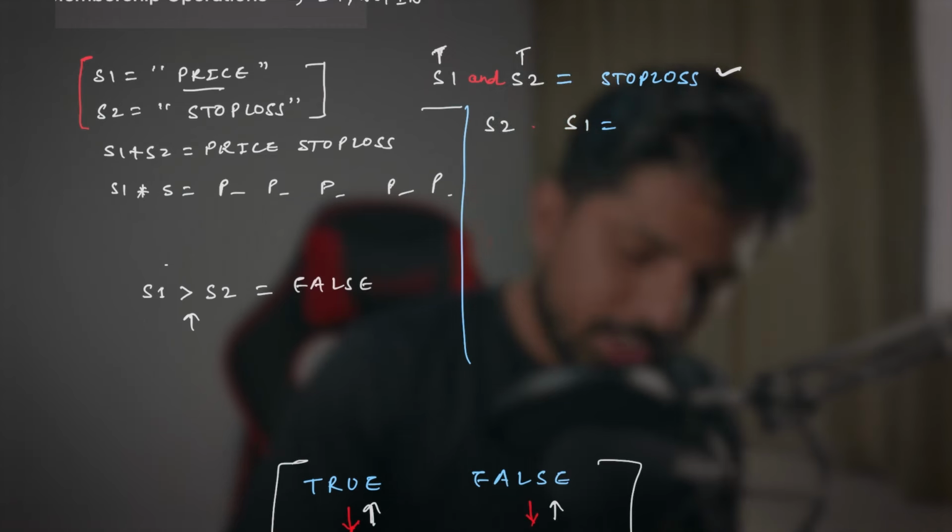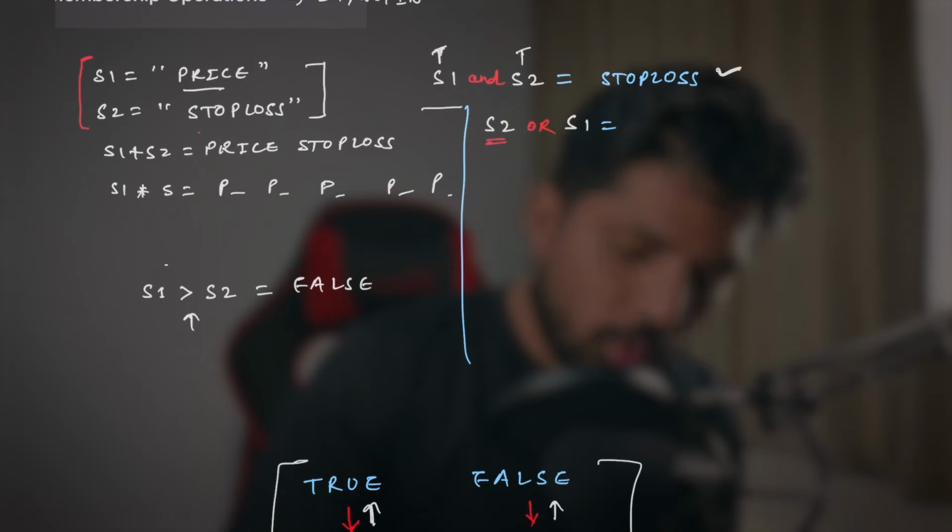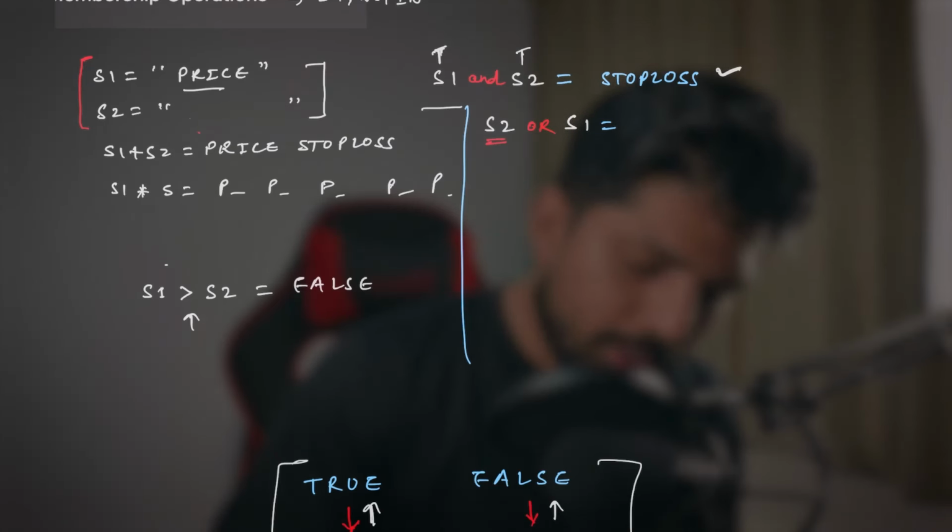Then let's say we are performing an OR operation here. In OR, it will first check S2. S2 has some string, so it becomes true and it will directly give us the result as stop loss. But let's say S2 has no value, it is an empty string.